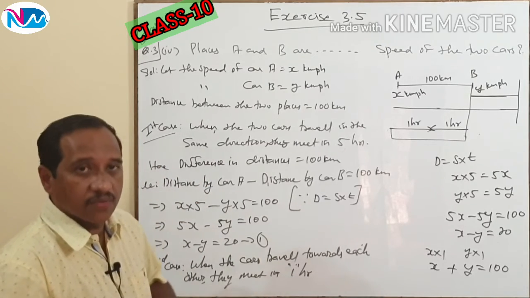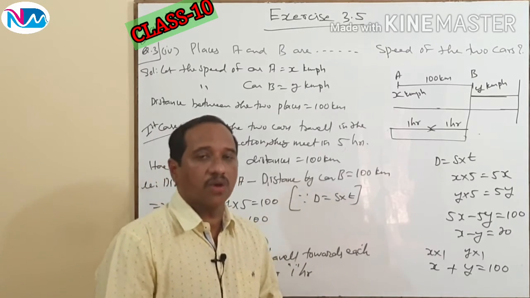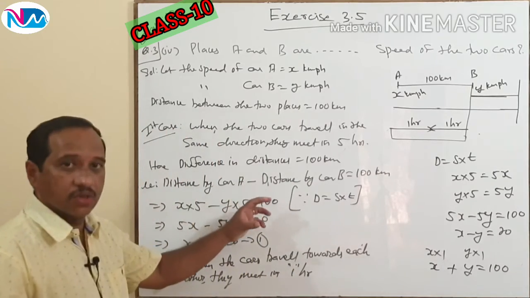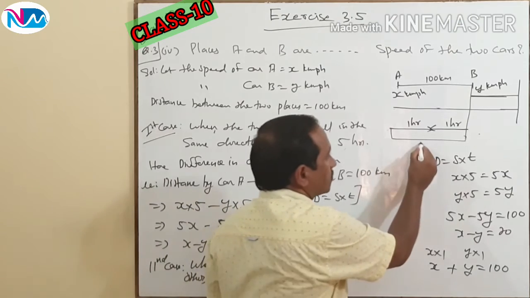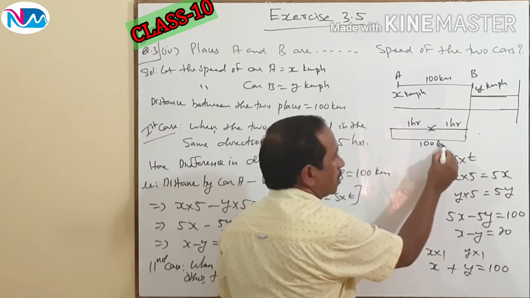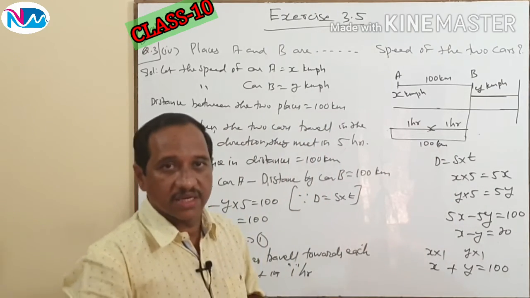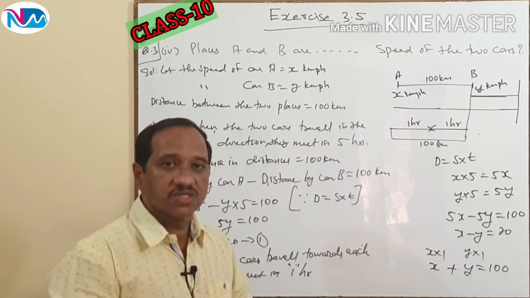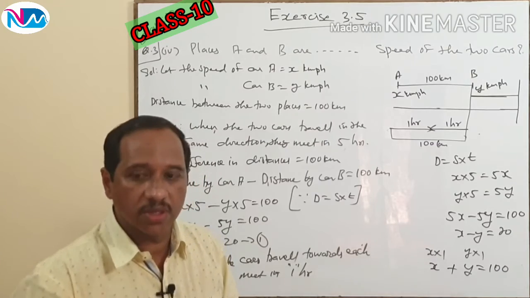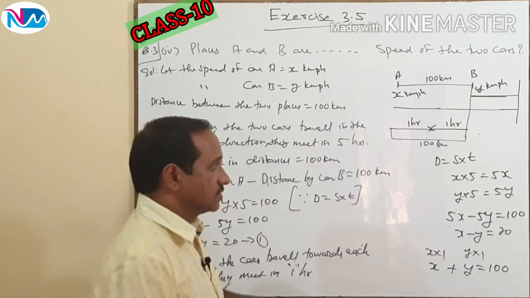When the cars travel towards each other, they meet in 1 hour. In this case, you know that when the two cars travel towards each other, the sum of the distances is equal to 100 kilometer. That is, the distance traveled by car A plus distance traveled by car B is equal to 100 kilometers.